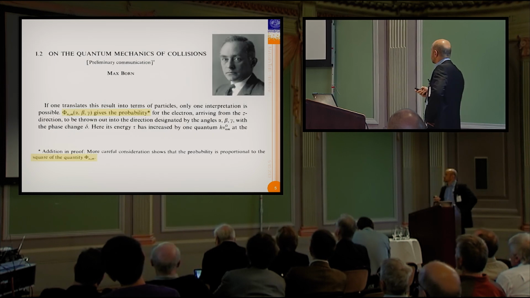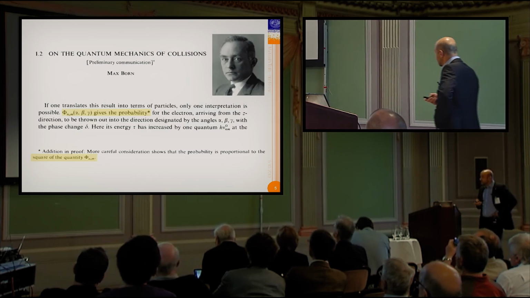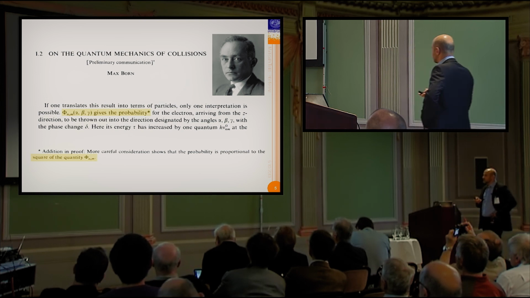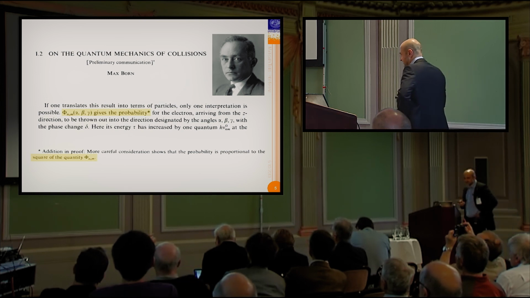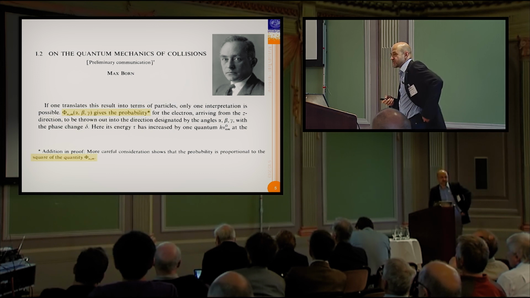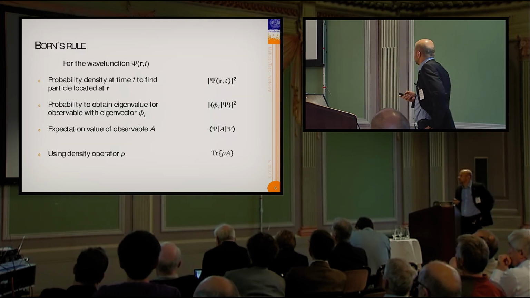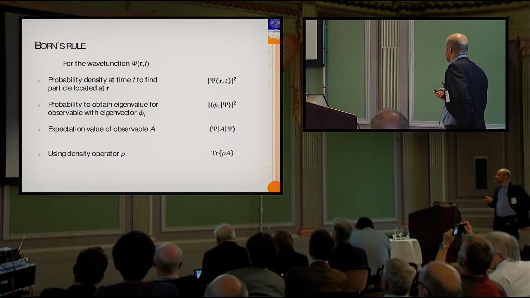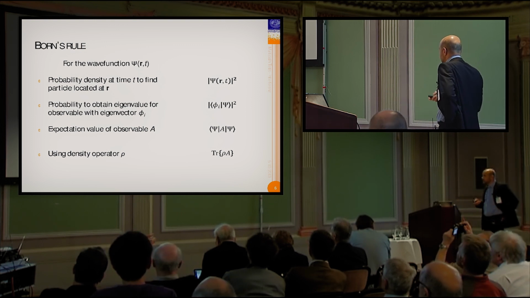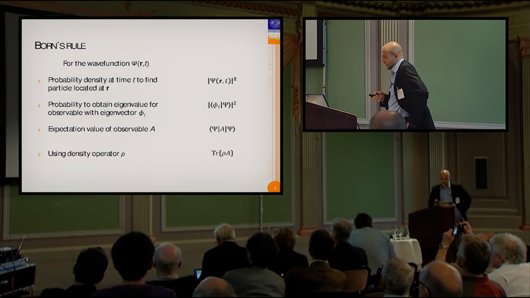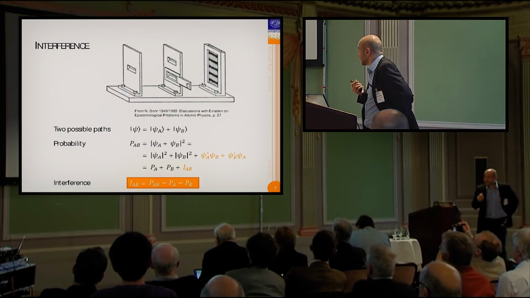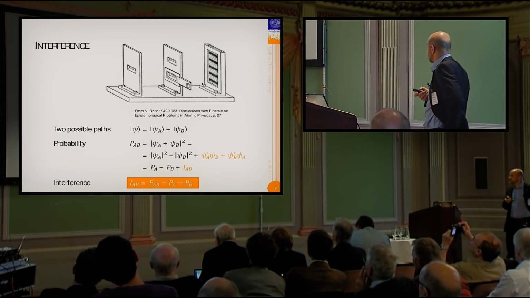All right, let's start with Born's Rule, which was discovered in a footnote, telling us that it's really the square of the wave function that's supposed to be a probability. Of course, you all know that, and there are various versions in which we can write this, as psi squared or as the trace rule that we just heard from Andre. They're all the same. And we also know that this is really at the heart of interference.